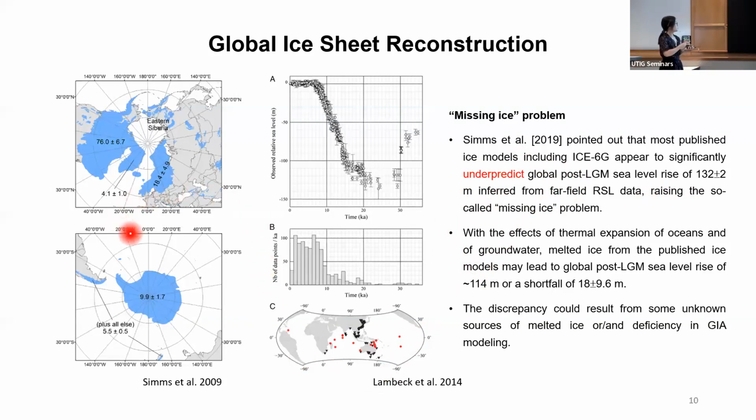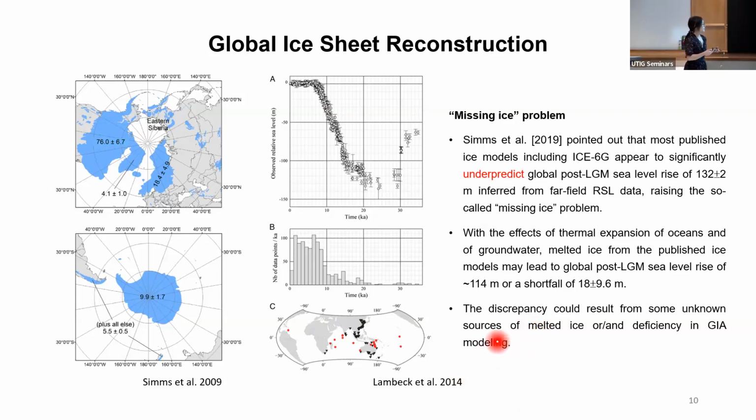But looking back at our ice height model, if we consider the expansion of the oceans, also the mountain glaciers and the groundwater, and sum up all of those ice volumes at the last glacial maximum, we only get 140 meters. So there is a deficit in ice volume. We don't know where we need to put that ice right now.